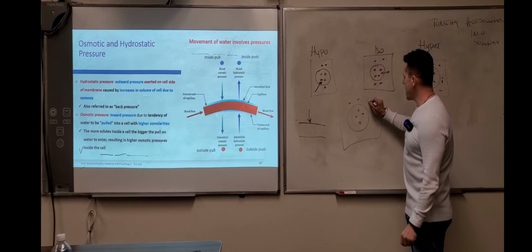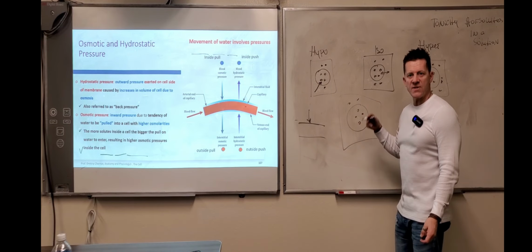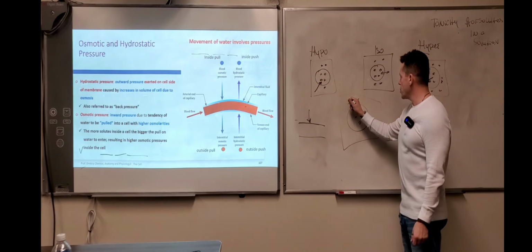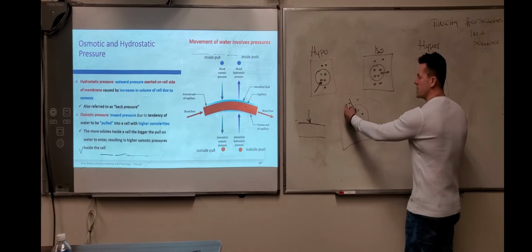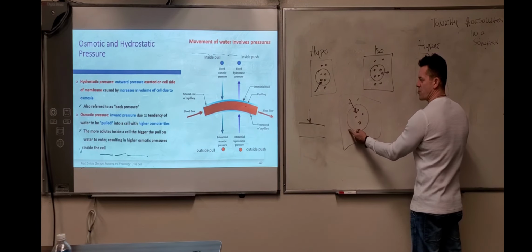High cellular osmotic pressure means that the water would be moving towards the cell. It means that in the solution you have less concentration of the solutes.